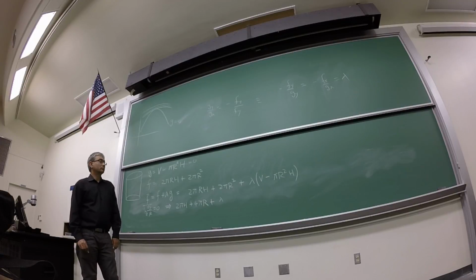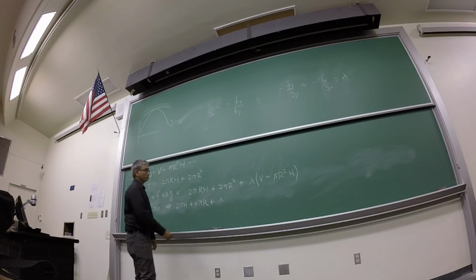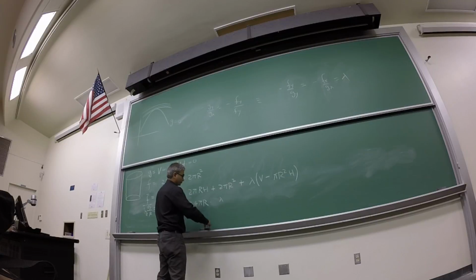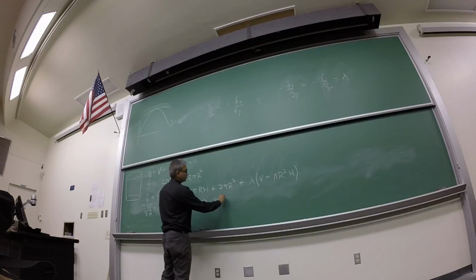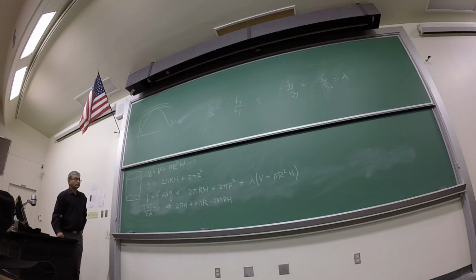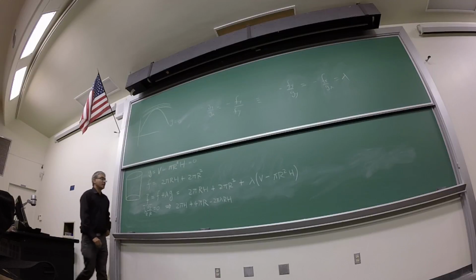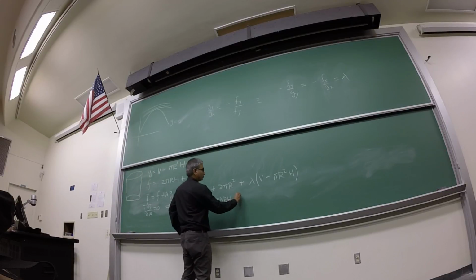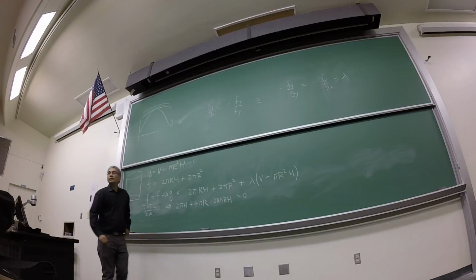Negative 2 pi r. Very good. Minus 2 pi. Right? And of course this has to be equal to 0.